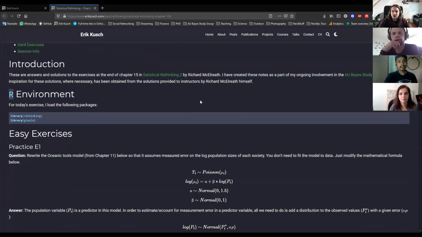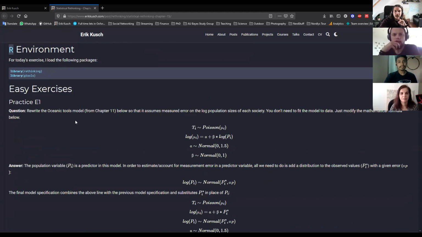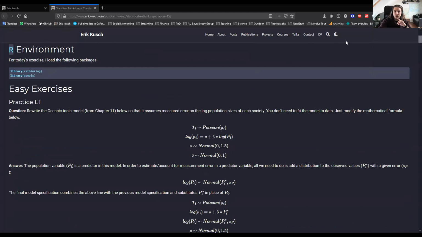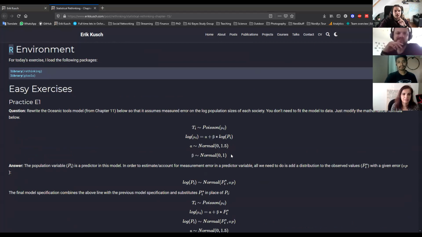So just going into this exercise by exercise, the first exercise asked us to rewrite the oceanic tool model from chapter 11, which is summarized again here. And we were tasked to rewrite it such that we assume that there is measurement error on the log population sizes of each society. So if you don't remember this model, just speak up and we can go into it.